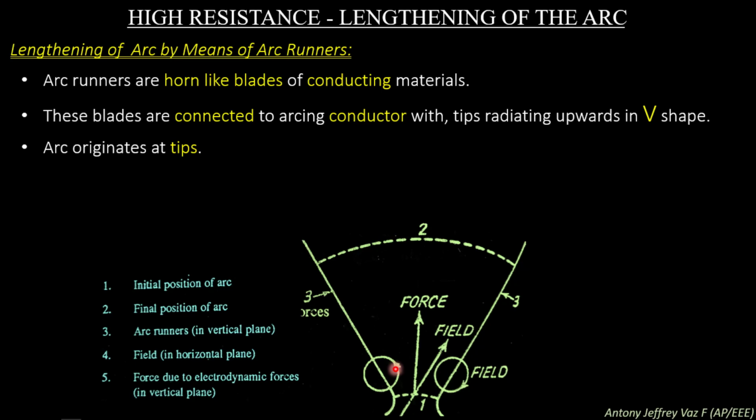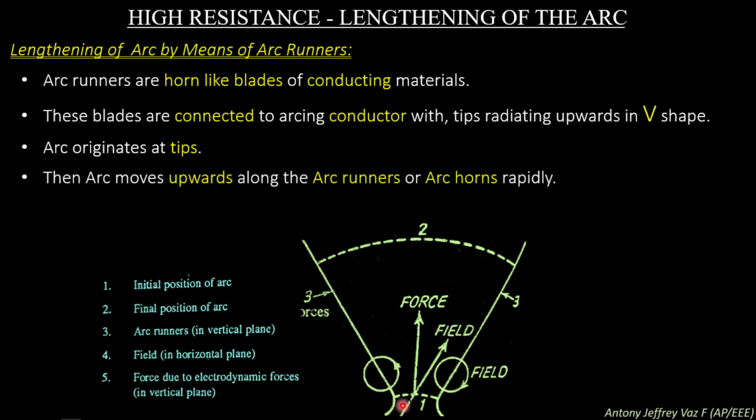The arc originates at the tip, in this position 1. Then the arc moves upwards rapidly along the arc runners or arc horns. After the arc originates, it starts to move upwards in this direction.